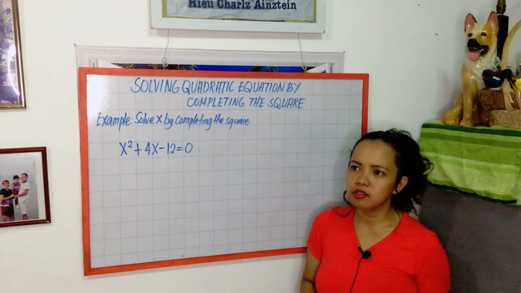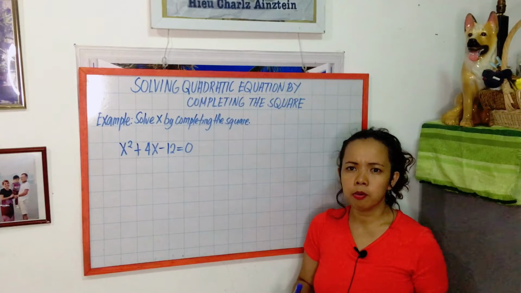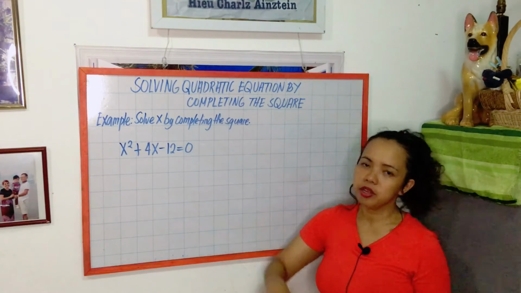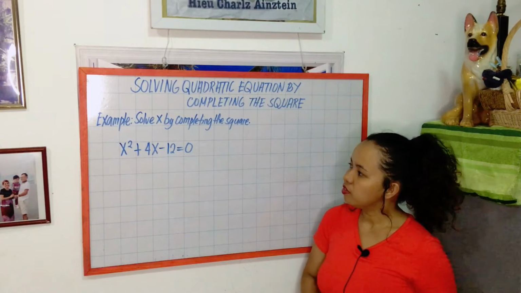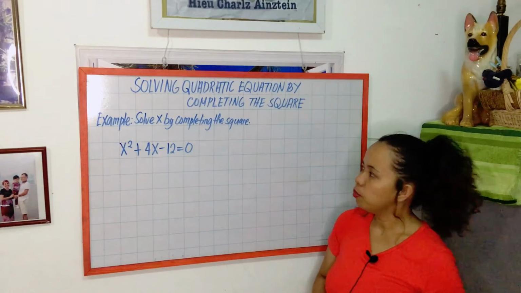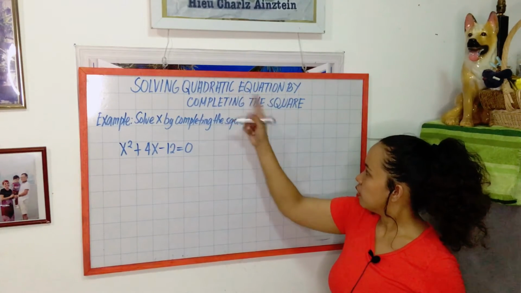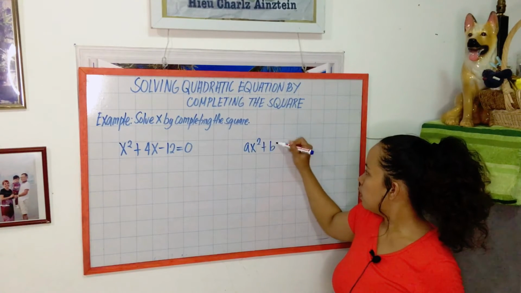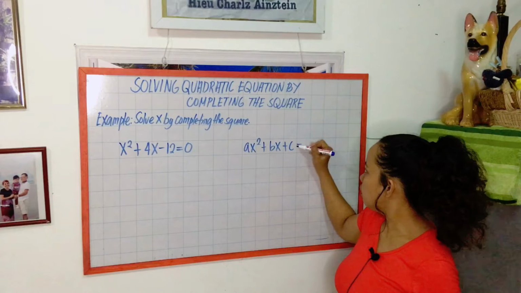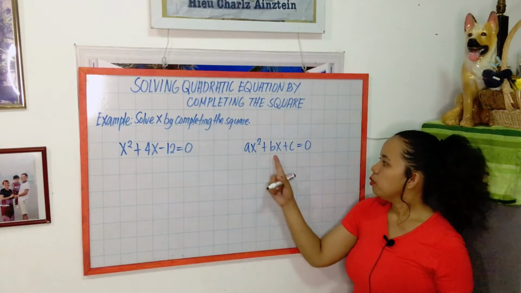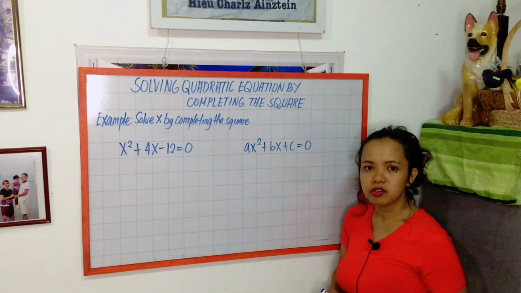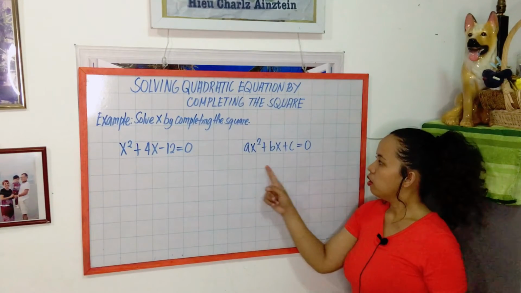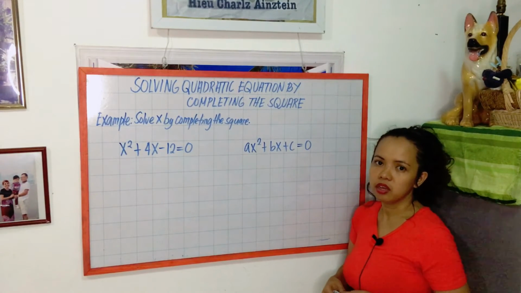So first thing is, alamin muna natin yung mga rules kung saan pwede nating magamit yung completing the square. In the previous video, we've learned that quadratic equation has the form ax squared plus bx plus c is equal to 0, where a, b, and c are the numbers or the constants, or in other words, the coefficients of the terms of our quadratic equation.